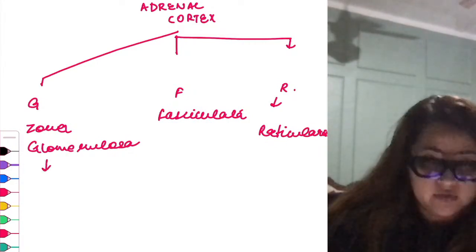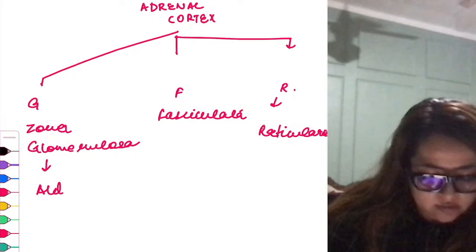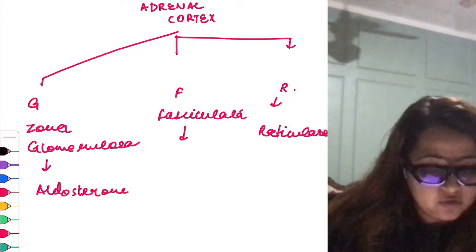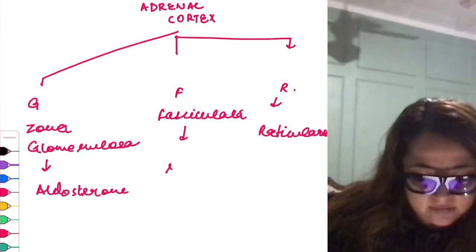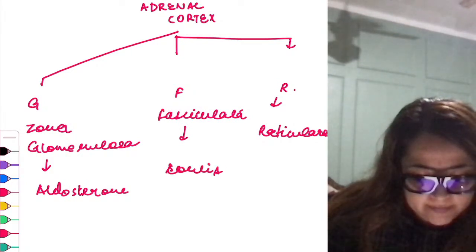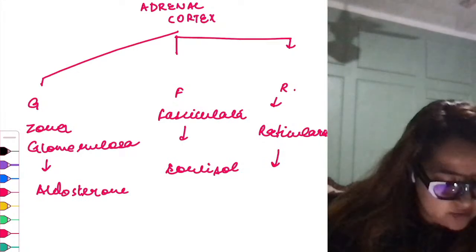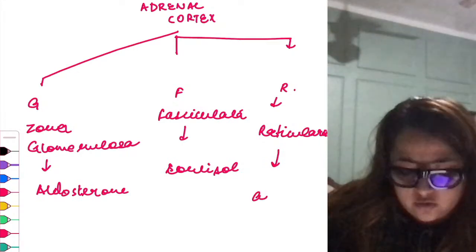What is being produced in zona glomerulosa? Your answer is aldosterone, which is a mineralocorticoid. What is being produced in zona fasciculata? Your answer is cortisol. And what is being produced in zona reticularis? Your answer is androgens.